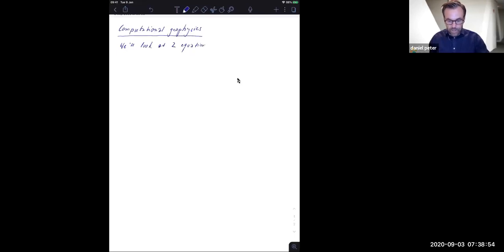Those are like our two proxy equations that will help us with then any other geophysical equation. And one is the heat diffusion equation. And the second one is the wave propagation equation.